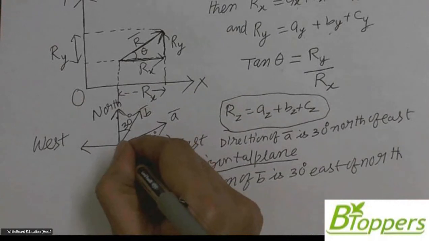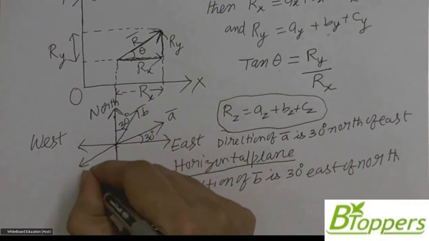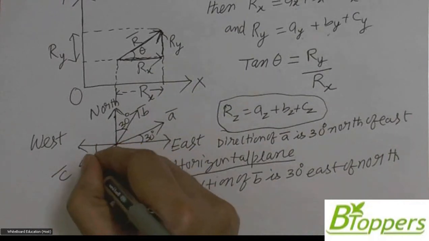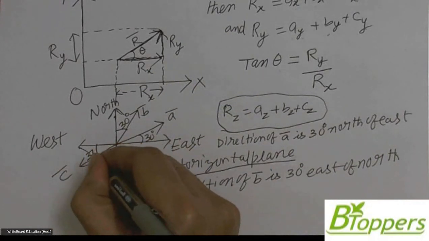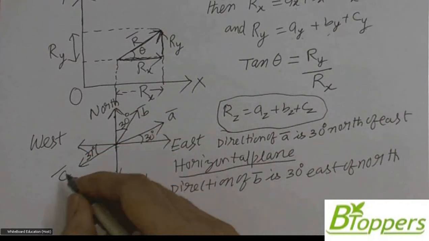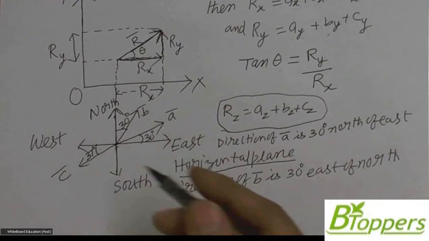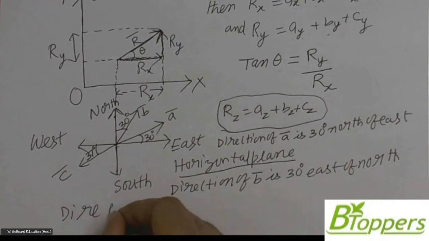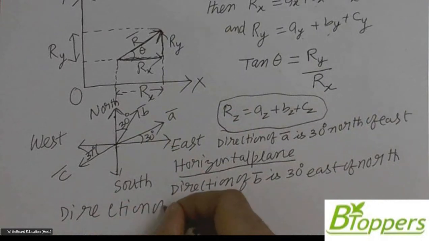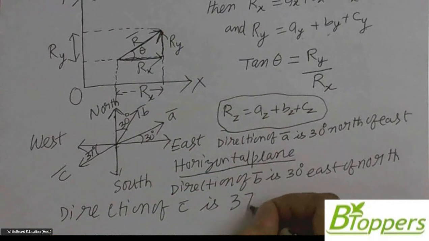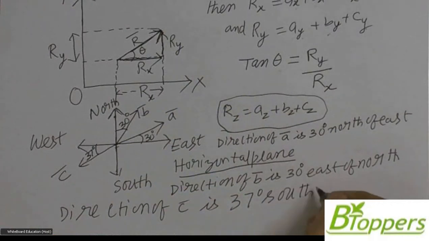Another example, let us take. If a vector C bar lying in the horizontal plane, suppose, makes 37 degrees with the west direction, then direction of vector C bar is 37 degrees south of west.